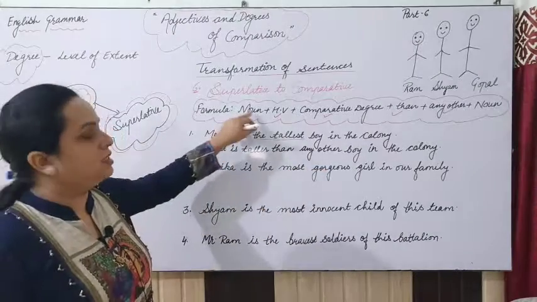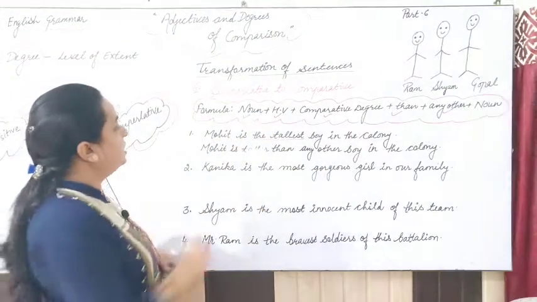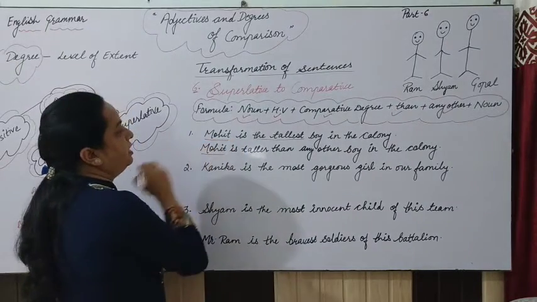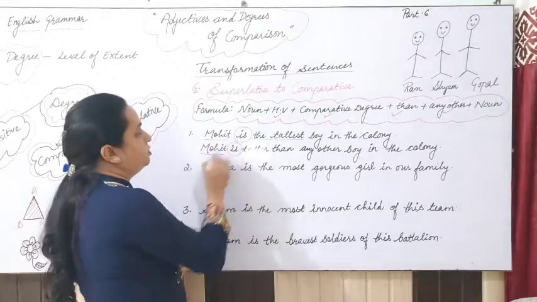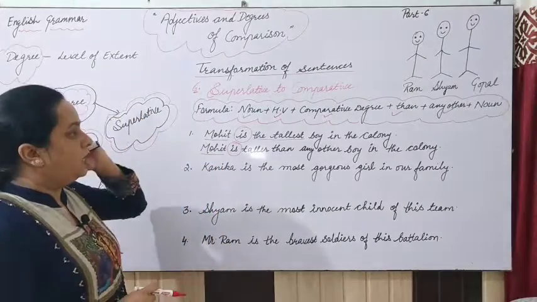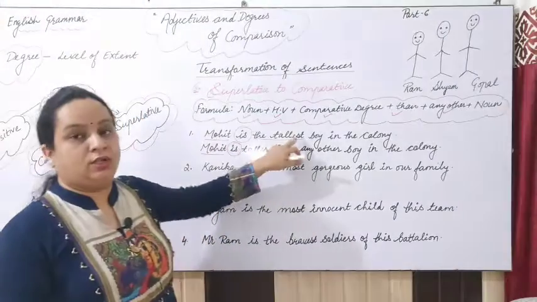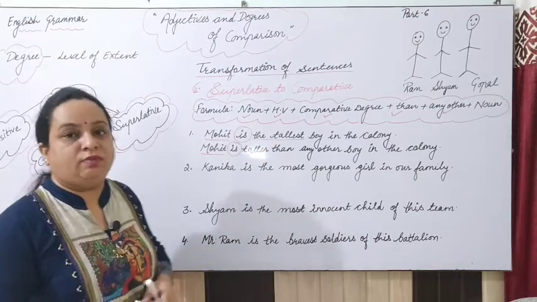The formula says it is noun plus helping verb. So what is the noun here? Mohit. We have done that, and then after that is the helping verb, which we are using here. Now the comparative degree of the tallest is what? Taller, without the.